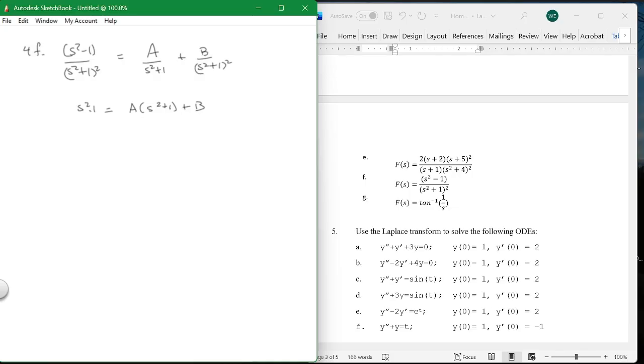Or you can do it just like this. You can say s squared minus 1 is equal to a times s squared plus 1 plus b.